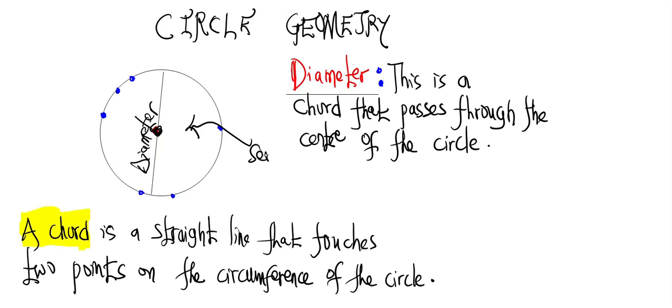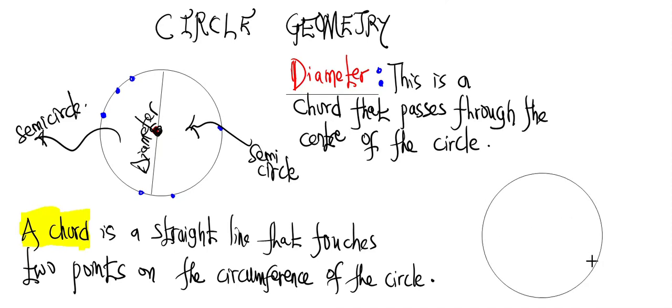So here is a semicircle, and here is also another semicircle. The diameter can be shown in several ways. So there is a diameter, and it divides the circle into two equal halves.